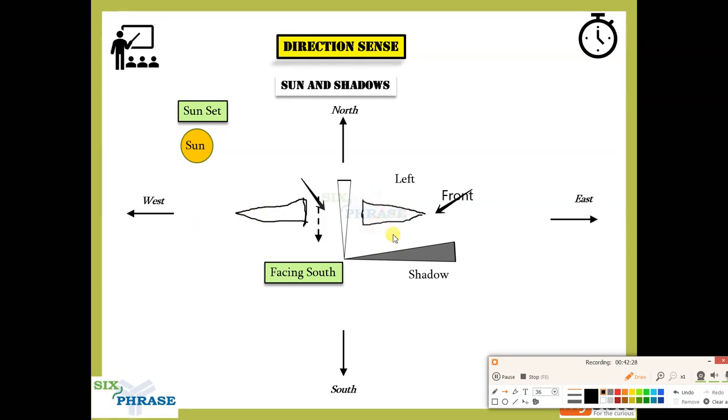Both this and this point towards the sky, but this is facing the west and this is facing the east. That is why I say the shadow falls in front here. Here the shadow falls towards the back side, so write it as back. So this also you'll have to understand.